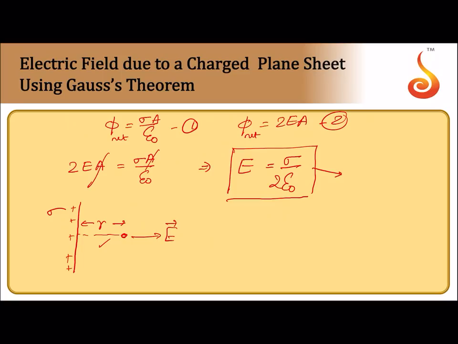The electric field has the same value at all the points near a large sheet of charge. And what is the strength of that field? It is sigma by 2 epsilon naught. And is the direction same at all the points? Yes. So what type of field does it produce?